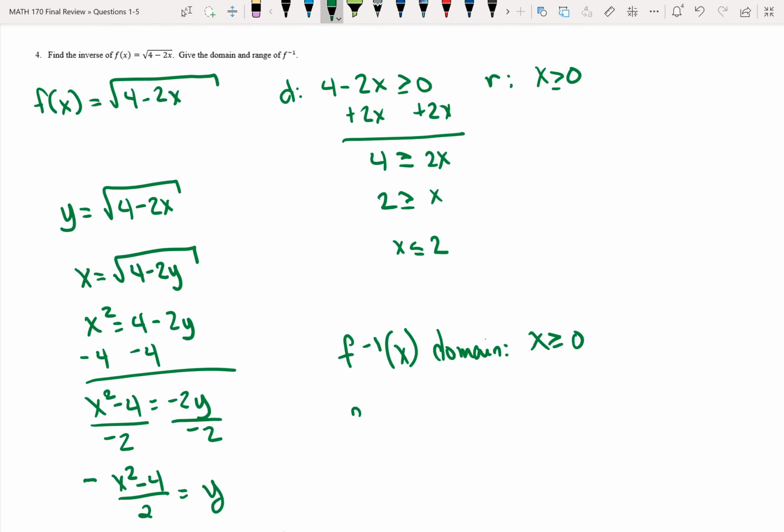And the range of the inverse function is equal to the domain of the original function. So that would be x is less than or equal to 2.